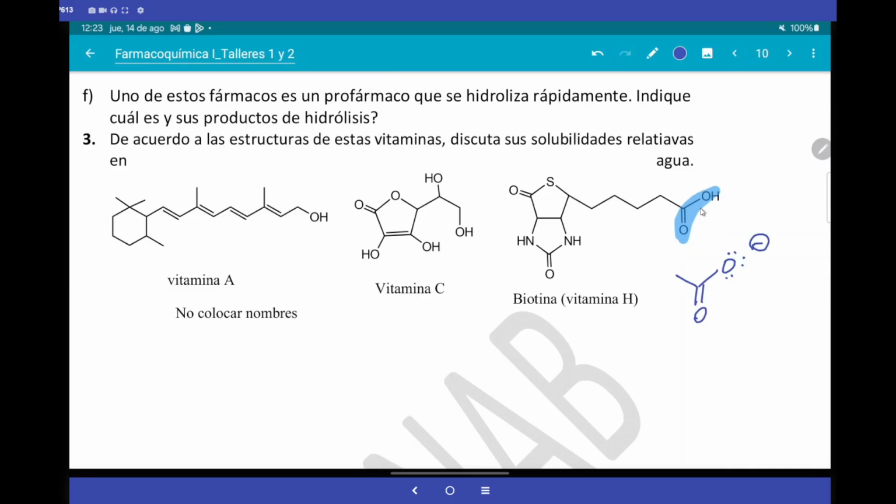Okay, question. What is the name of this functional group? That is NH carbonyl NH, and it is like a double amide, that is urea.